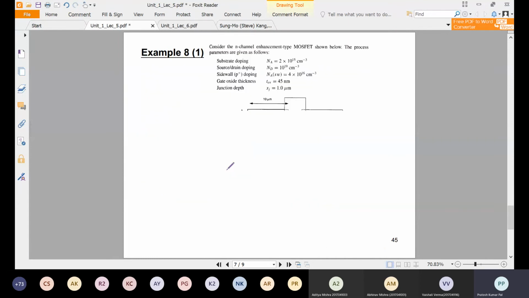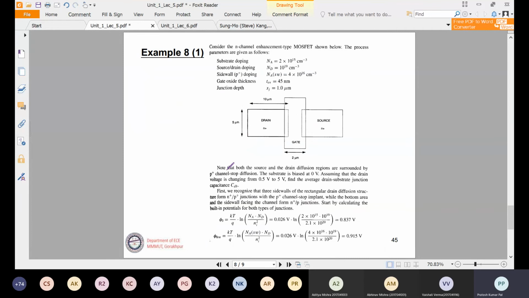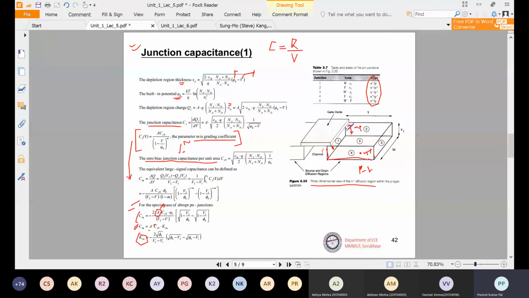In case of the drain side and source side, we will be calculating because of the area and also because of the side walls. So this will be the area one, on the junction side, channel region.